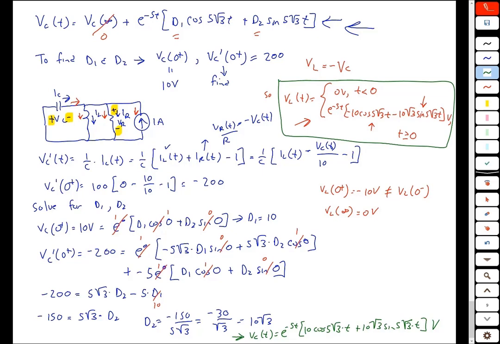Nevertheless, if you break it down into the individual parts, finding initial conditions, finding final conditions, finding the form of the characteristic equation, finding the roots of the characteristic equation, using that to find the form of the solution, finding our two initial conditions we want to use, in this case VC and VC prime at 0 plus, and then plugging those in to this equation here to solve for D1 and D2, and finally finding the general relationship between VL and VC, we come up with our final equation right here.